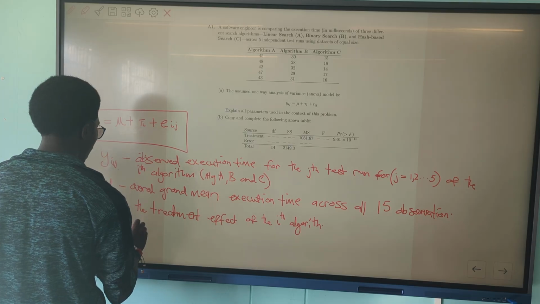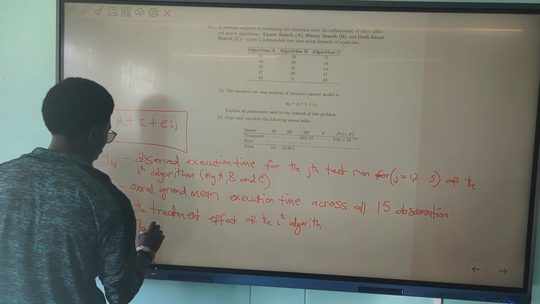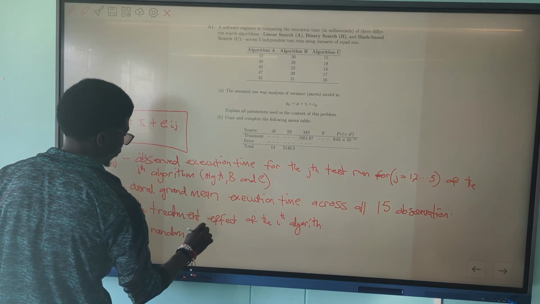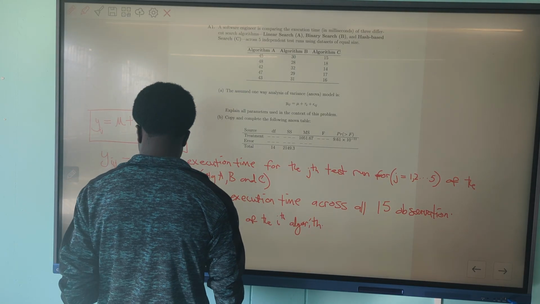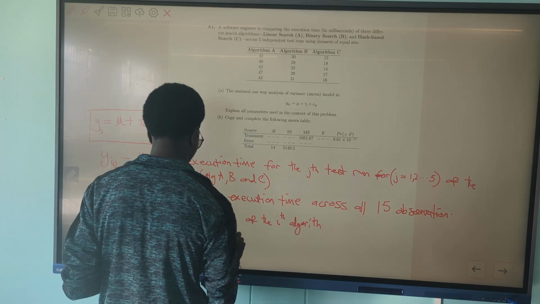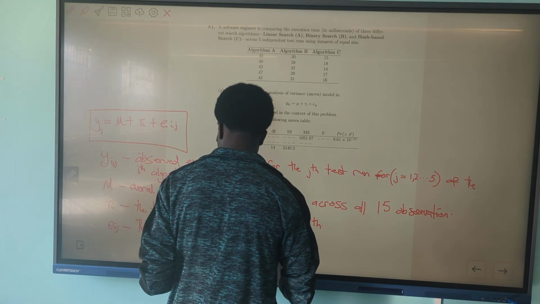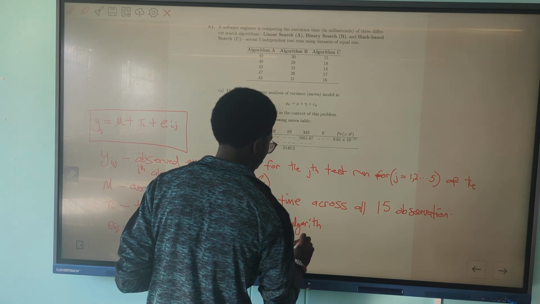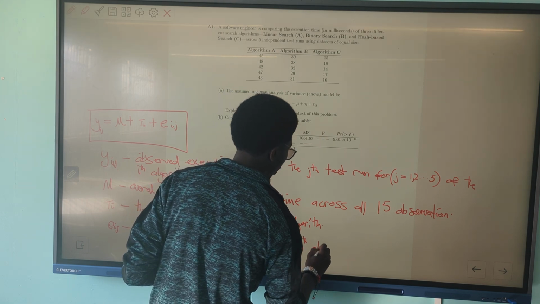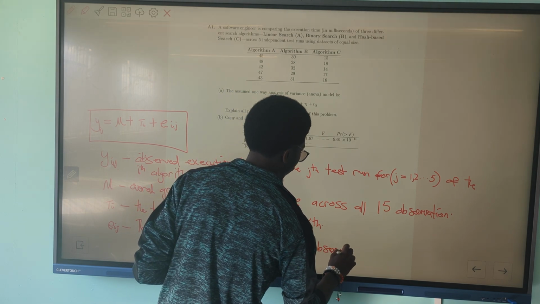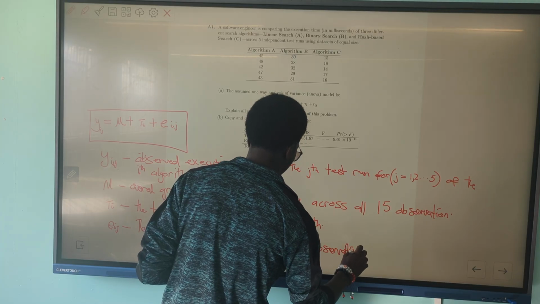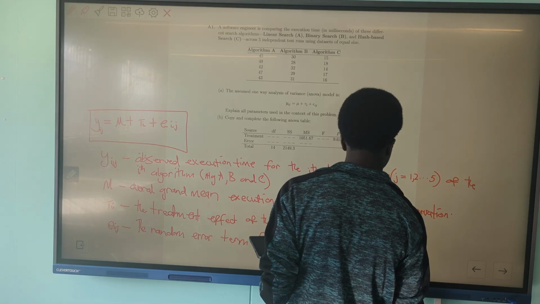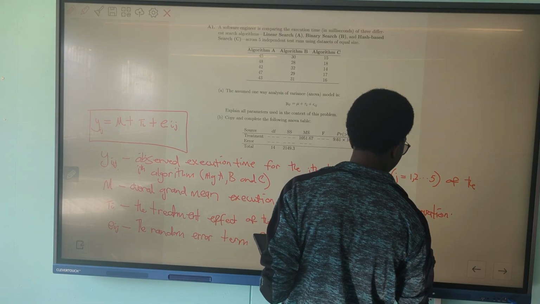It is the random error term for the jth observation of the ith algorithm.